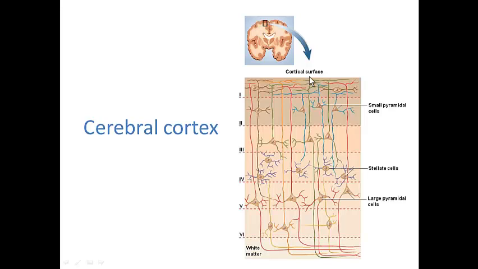But then once they hit the surface there, they crawl back to the right part of the cortex where they need to be and then stop, which sounds really weird because the neuron went right past where it was supposed to be, went all the way to the surface and came back again. And that's how most of the neurons get into the correct location in the cerebral cortex. And I find it absolutely amazing that our neurons make their way to the right places most of the time, and most of the time everything works out just fine.